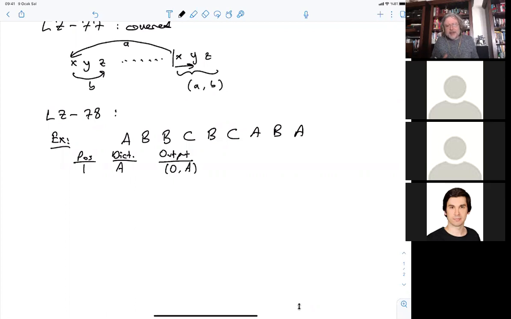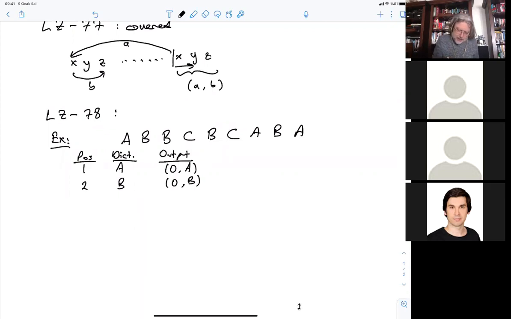Therefore, this is a decodable code generation. In the second position, there is B, because the second letter is B in this example. So we don't copy anything from the dictionary, and we emit a new symbol, which is B. So the decoder also incorporates B into the second position in the dictionary.